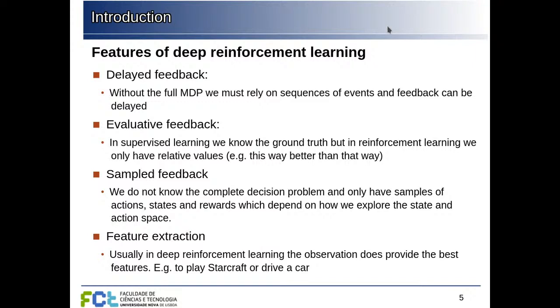But often we are dealing with sensors or images or things like that. For example, if you want to train the agent to drive a car or to play StarCraft or something like that, you need to start with unstructured data from your sensors, from your images. And so you also need the deep network to extract the appropriate features that describe the state and then manage to approximate the Q function.